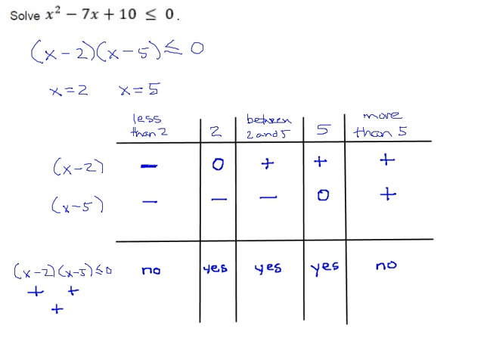So our solution is everything from 2 up to 5, which you can write like this. Oops, sorry, positive 2, which you can write this way if you like interval notation or inequality notation, or you can use the brackets and say square bracket 2 comma 5 square bracket if you prefer that.